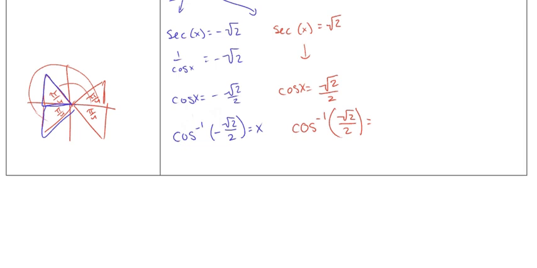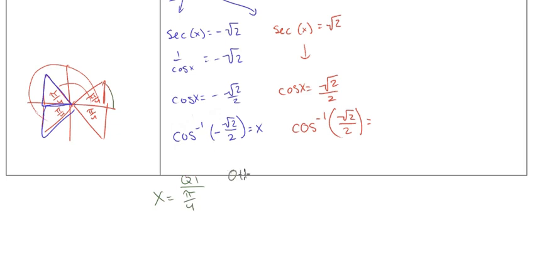And so what are those actual angles? The first one is in quadrant 1. x is equal to pi over 4, or 1/4 of pi.